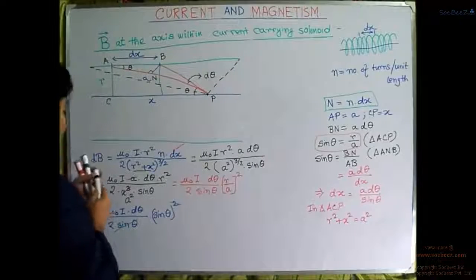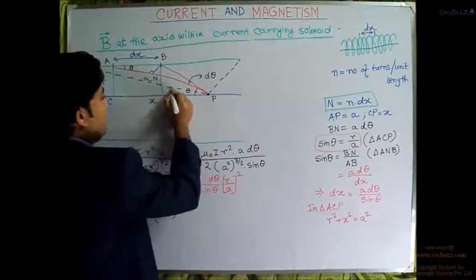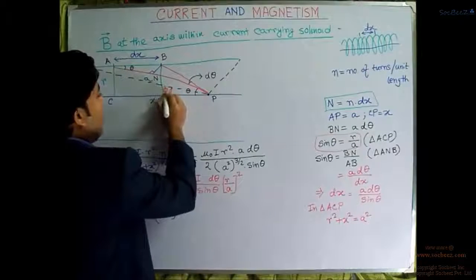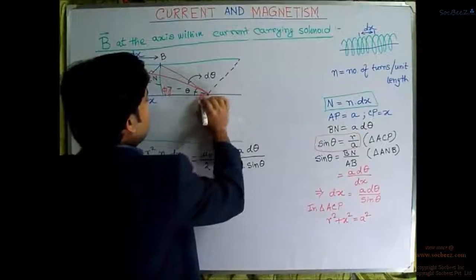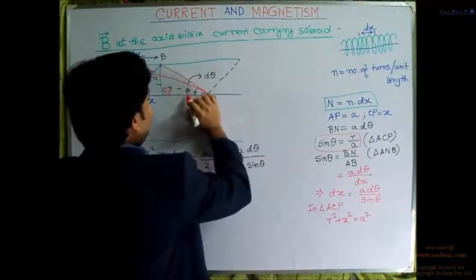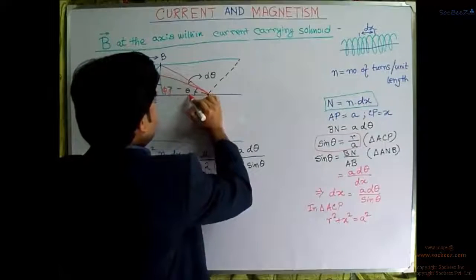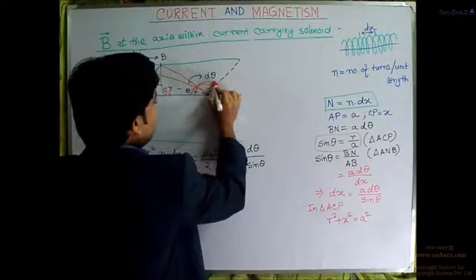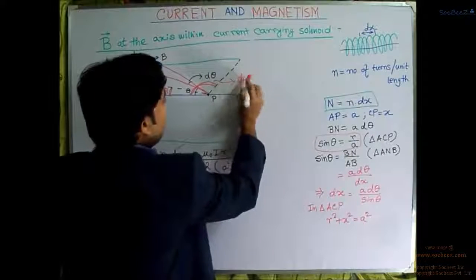So we could find out that, say for example, this is making an angle of phi 1, and say for example, this entire one, this angle as phi 2.